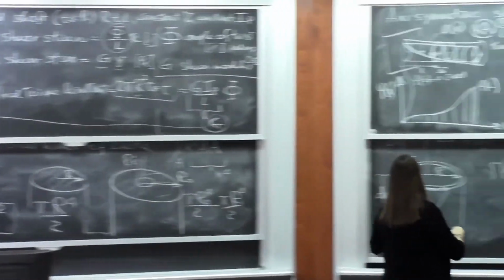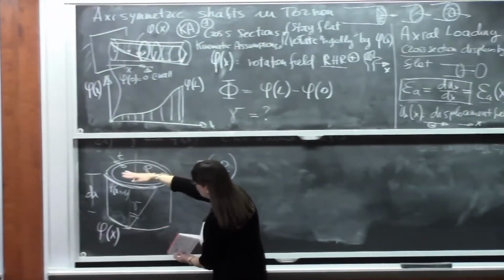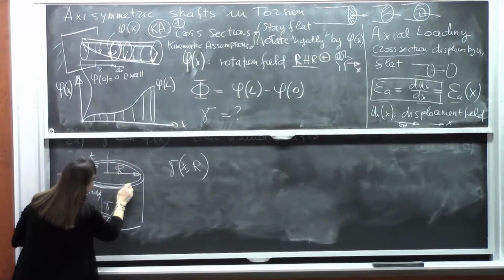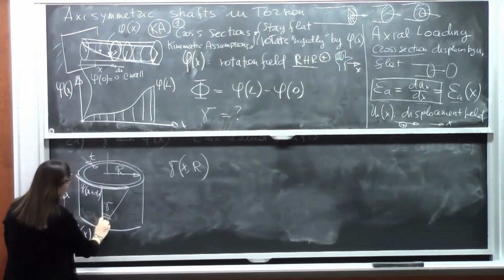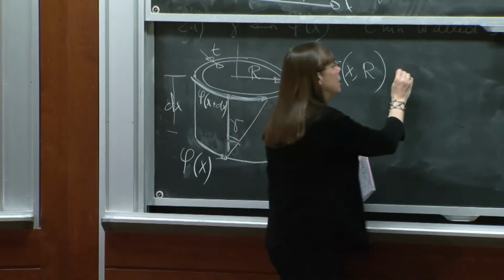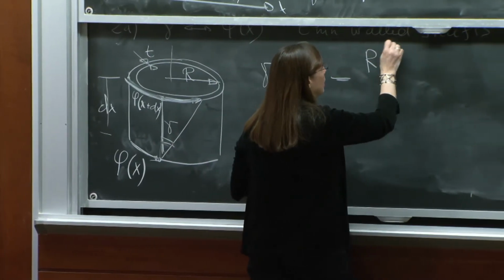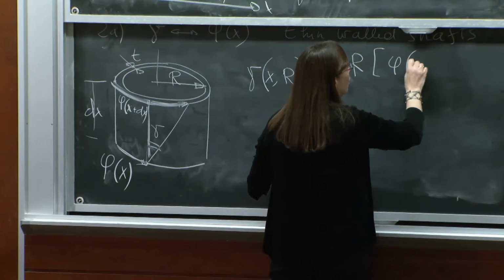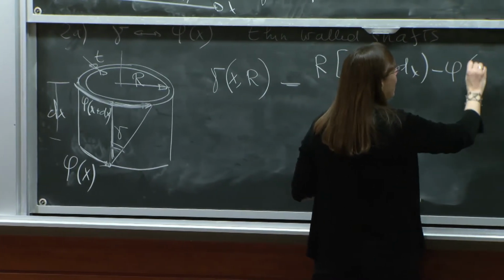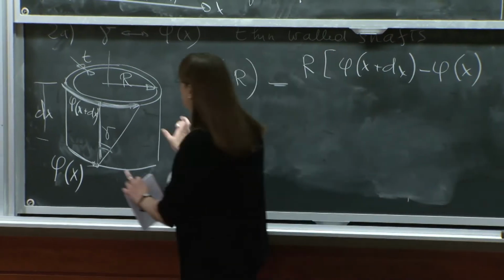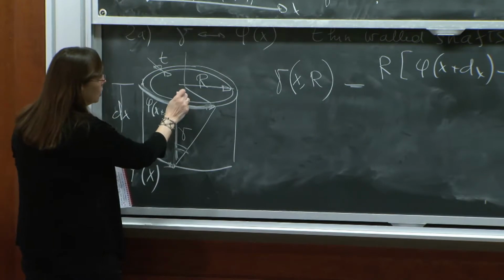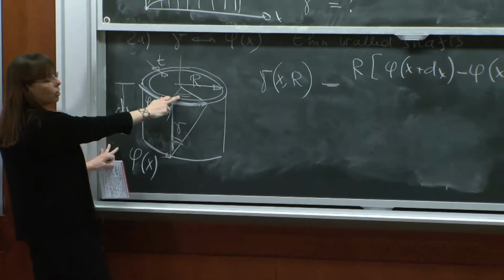Remember how we obtained this? It's going to be this segment divided by this segment. That's going to be the angle gamma. So this segment here is r times phi of x plus dx minus phi of x. This is how long this segment is, because it's the radius times this angle here.